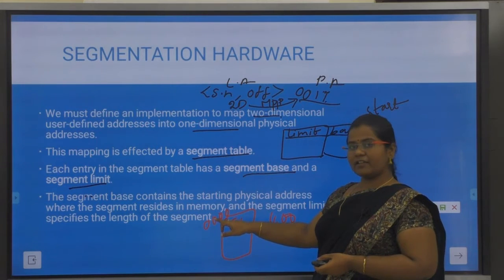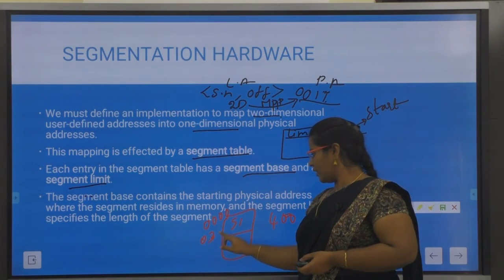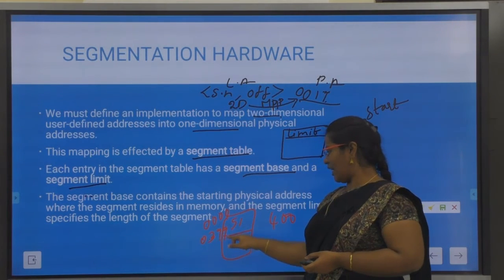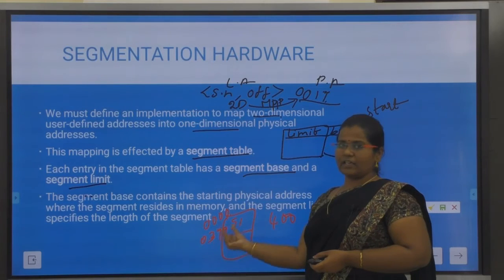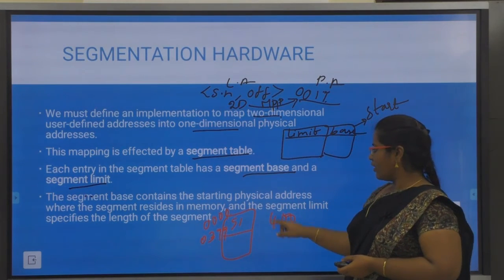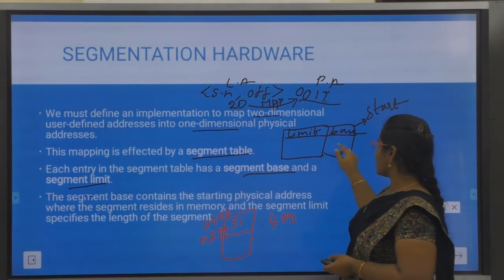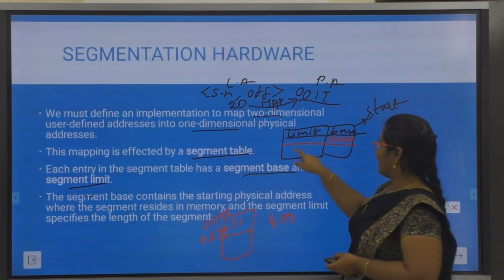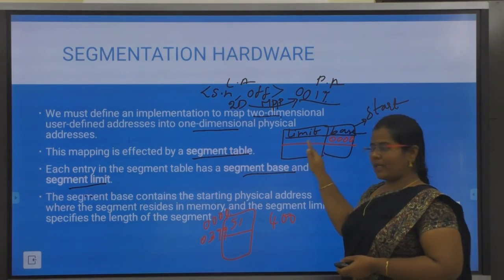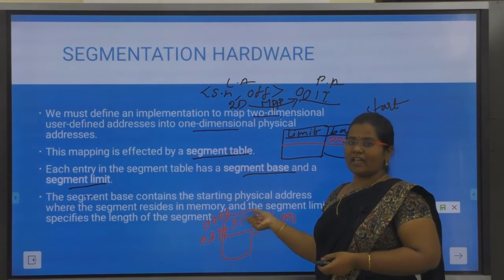So starting from 000, I will have 0399 as my last address for this segment. So 000 to 399, total 400 bytes. Now my base part of the segment table will consist of the starting address, that is 0000, and then the segment limit will contain the total number of bytes, or the length of that segment.